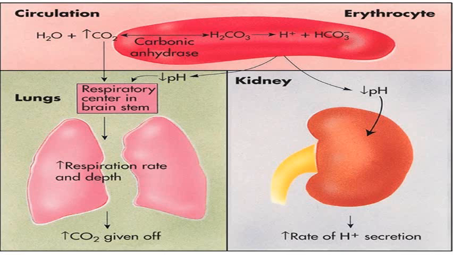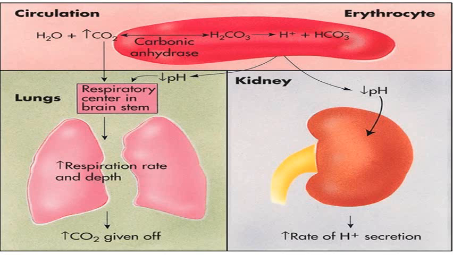As a normal defense mechanism, the respiratory center will be stimulated by the high level of CO2 and start to increase respiratory rate and depth of respiration to increase CO2 washout. Another defense mechanism occurs by the kidney.